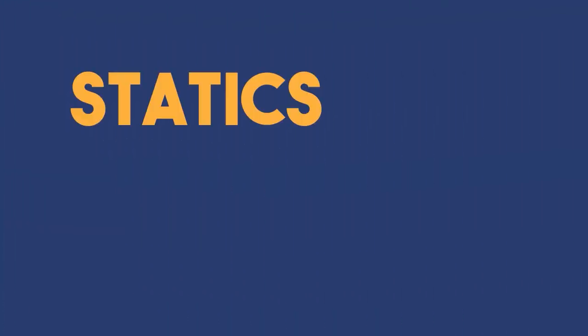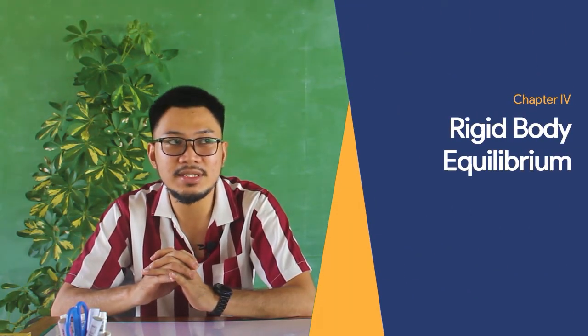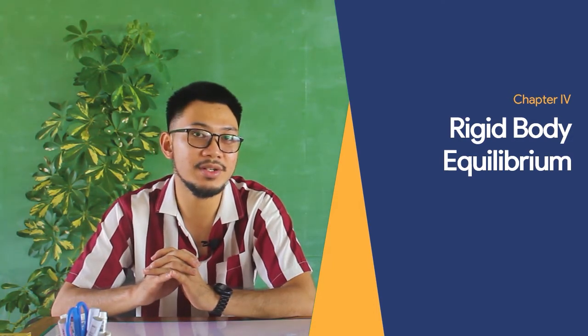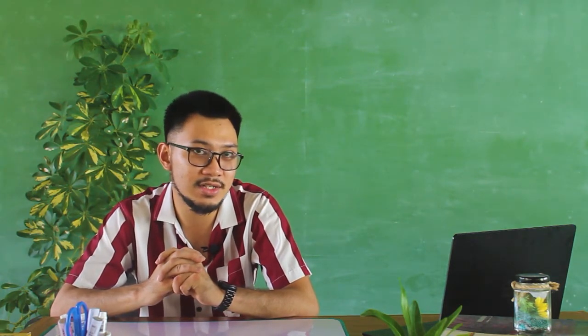Hello class, good day once again, and this is the second part of our lesson for this week. We are still on our fourth chapter, which is the equilibrium of rigid bodies. Previously we dealt with rigid bodies like beams and other structural members that are in equilibrium, and we used our common equilibrium equations, the summation of forces and the summation of moments.